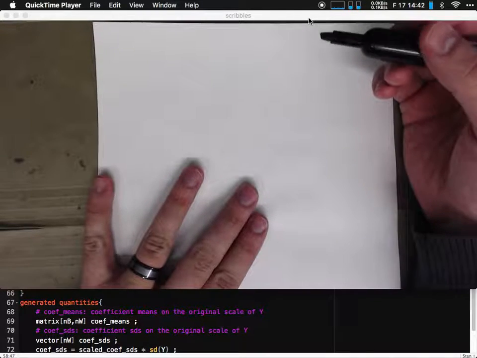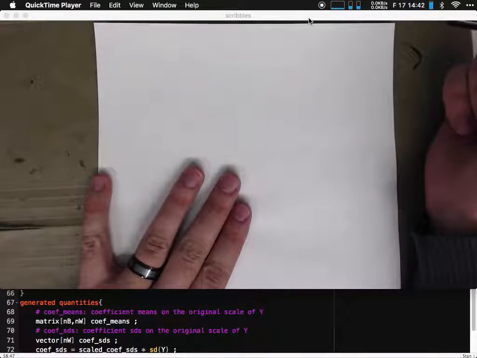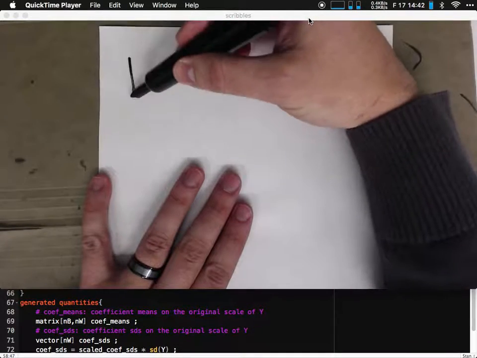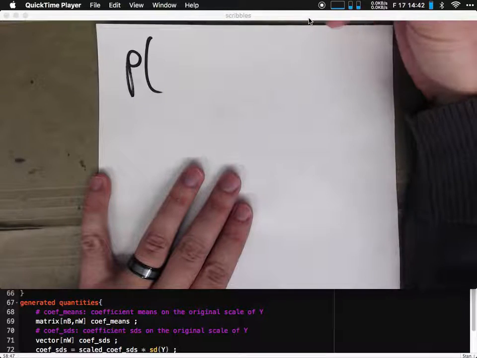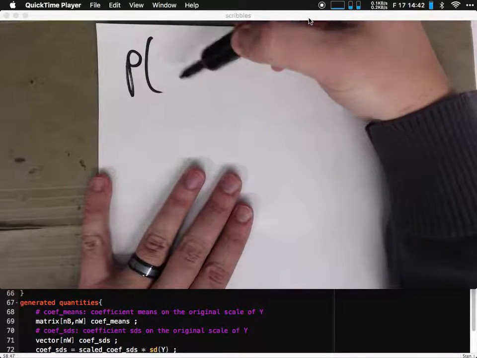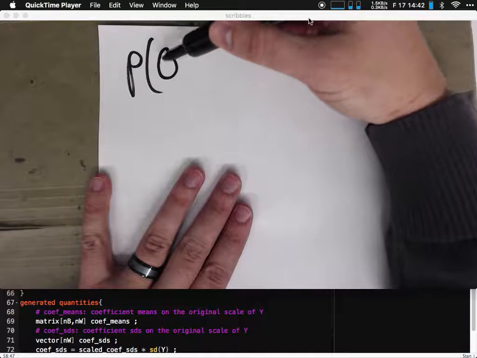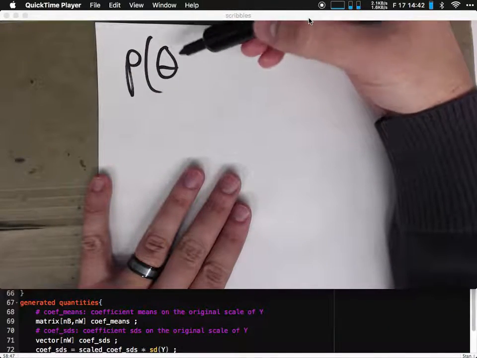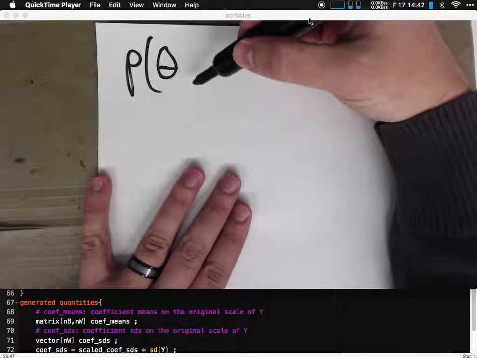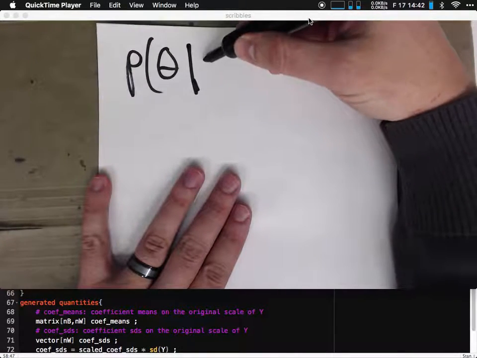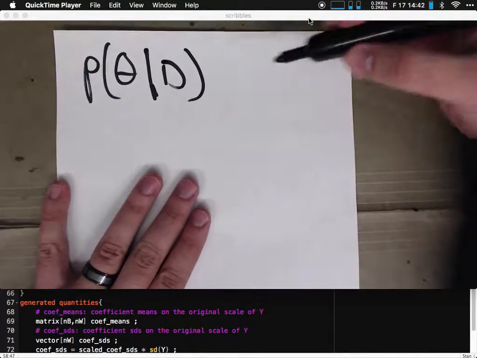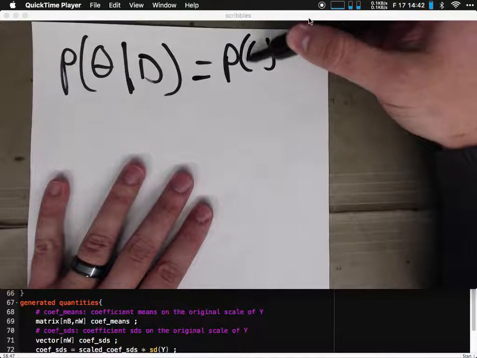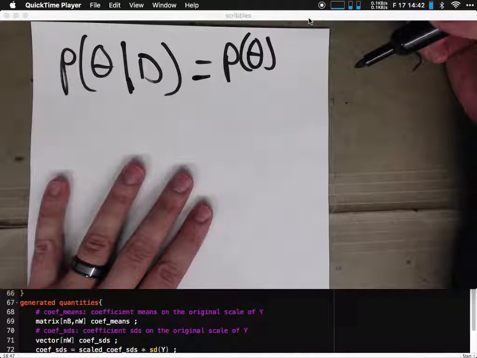Way back, we talked about Bayes' theorem, and we talked about the idea that in terms of math, we can talk about the probability of the parameters, where theta is just a representation for all the parameters in a model, given the data, is equal to the probability of the parameters, which is the prior.